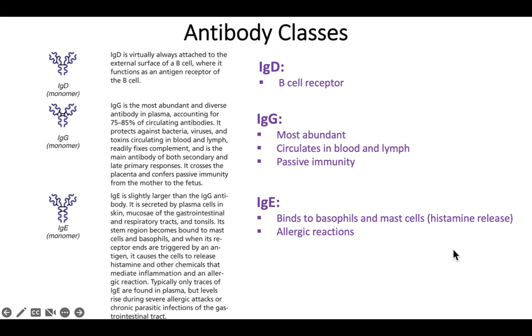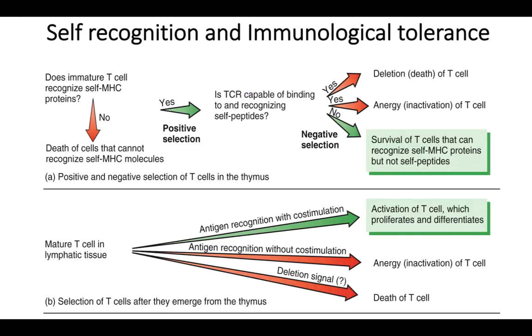And histamine is what causes all those bad signs and symptoms of an allergic reaction, which is severe inflammation. You might get constriction of the airways, and that's largely due to the involvement of IgE antibodies and the basophils and mast cells.